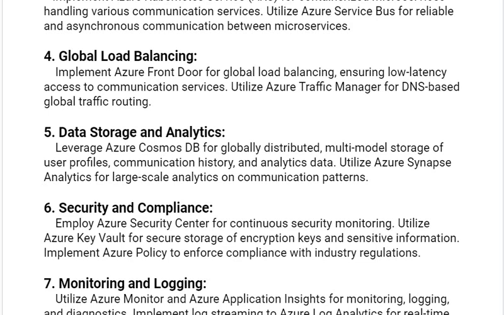Our sixth solution is security and compliance. Employ Azure Security Center for continuous security monitoring. Utilize Azure Key Vault for secure storage of encryption keys and sensitive information. Implement Azure Policy to enforce compliance with industry regulations.